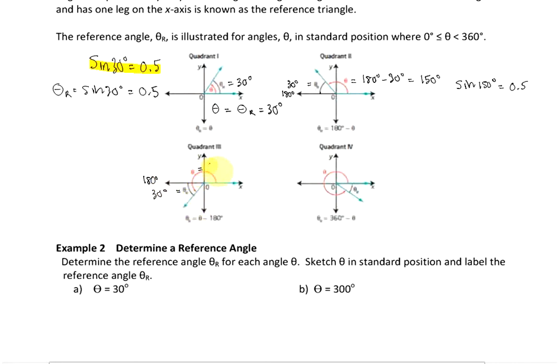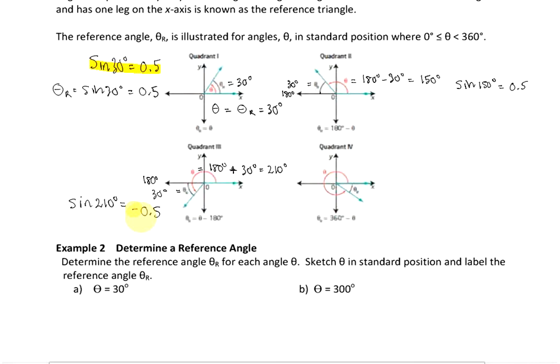So theta is equal to 180 degrees plus 30 degrees, which gives you 210 degrees. So let's figure out what sine of 210 degrees is. You get your calculator out, put in sine 210, and you find that it is negative 0.5. So notice the ratio is still 0.5, but it's not positive anymore, it's negative.